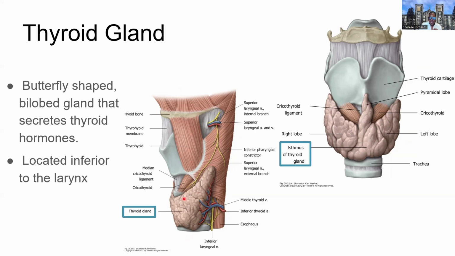It's found at the anterior surface of the neck, usually at the levels of the second through the fourth cartilage rings. So it's going to cover up those first couple of cartilage rings, and it's important in thyroid hormone production, as well as parathyroid hormone production. Remember, the parathyroid glands are also embedded in the posterior surface of the thyroid gland.